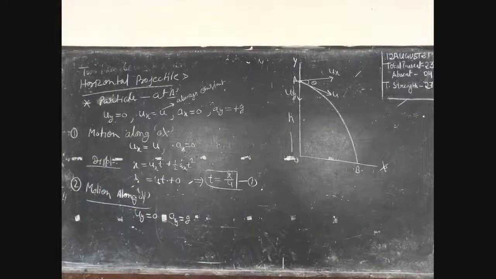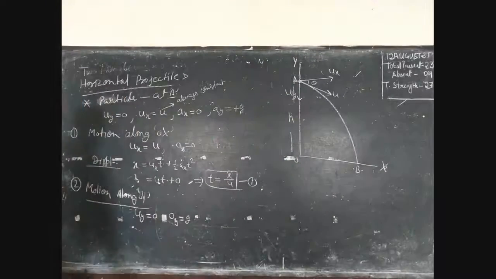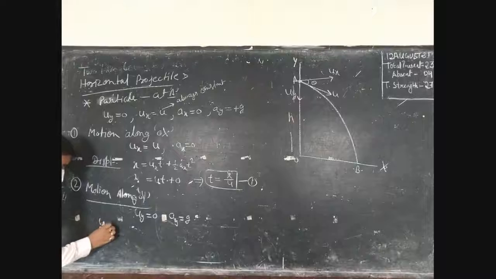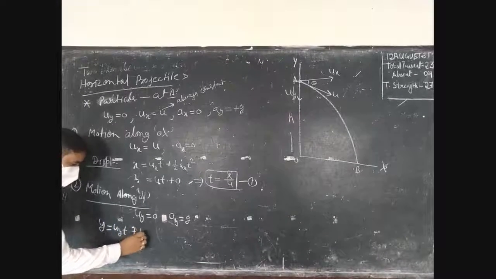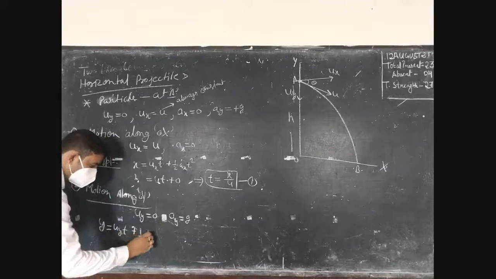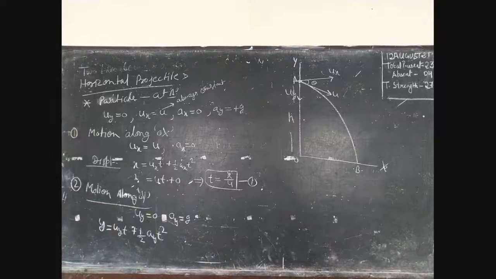The distance covered along the y axis is y equal to uyt plus half ay t square.